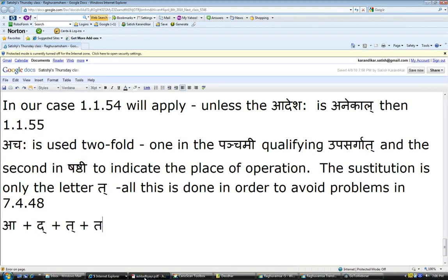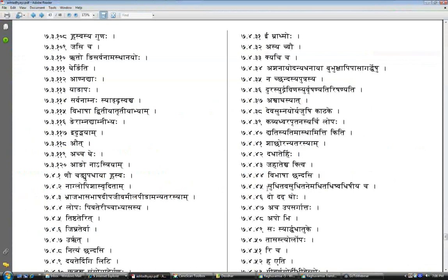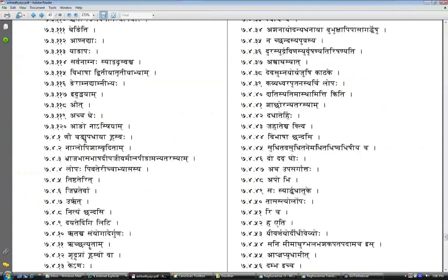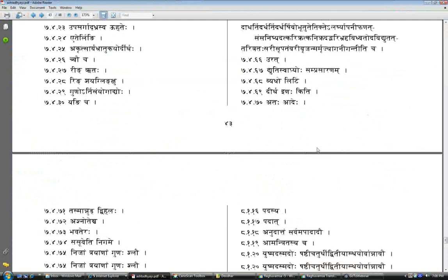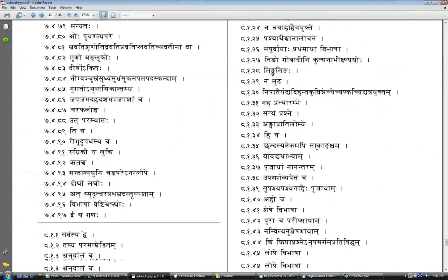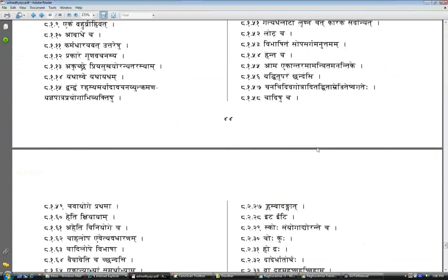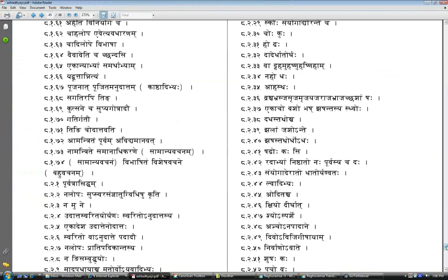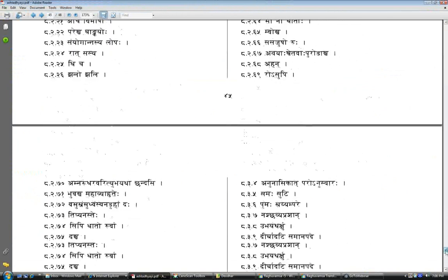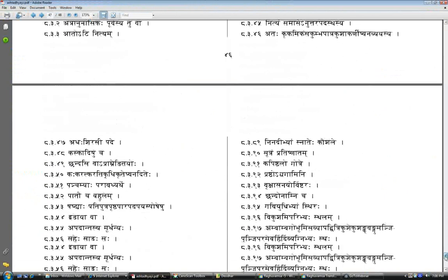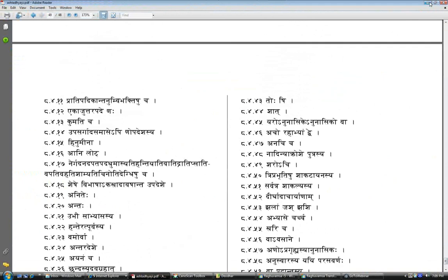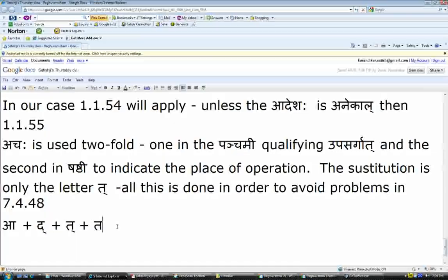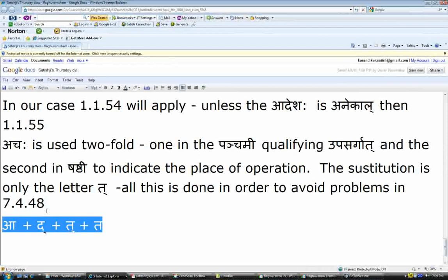So now we are going to the tripadi section to do the sandhi rules, and we have to do the kharicha. If you have a jal letter followed by a khar, it will become a char letter. I think that's 8.4.55. We apply kharicha. So the da is going to become ta by 8.4.55.